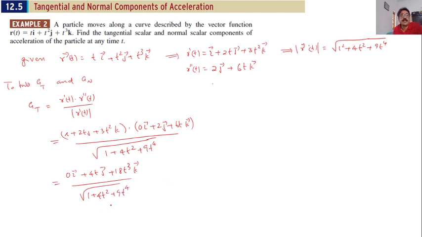So this is the acceleration along the tangent vector, or we can say the tangential component of acceleration.